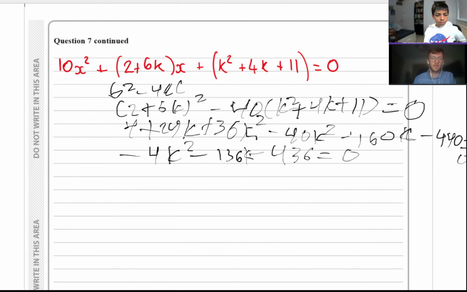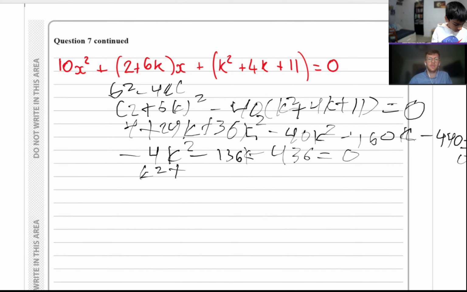And then what we can do is, is it divisible by 4? Yeah, they're all divisible by 4. Negative 4 would be a good idea.